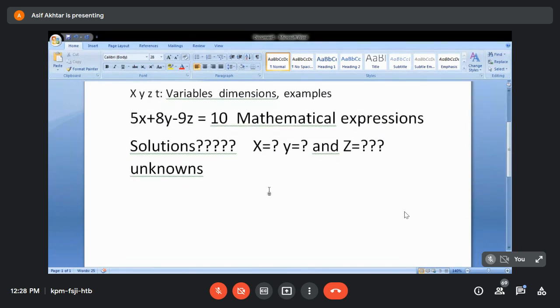In order to make you understand this point, I'm putting one variable x here, and then another variable y. X and y, these are the two.